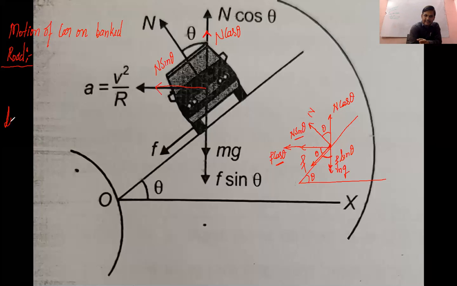So we can say, let's say a car is moving on a banked road, having a banked road of theta angle as shown in the figure.